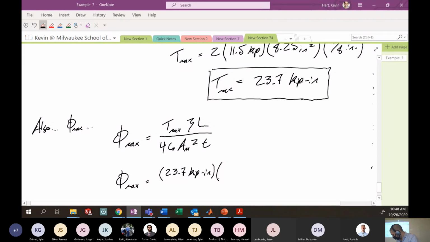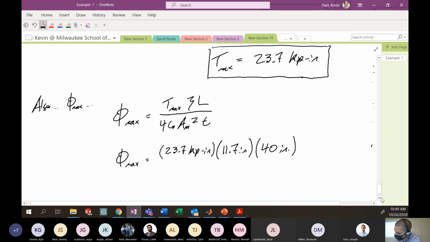Our value of zeta we solved for before, 11.7 inches. The length of the shaft was given, 40 inches. That's my numerator.